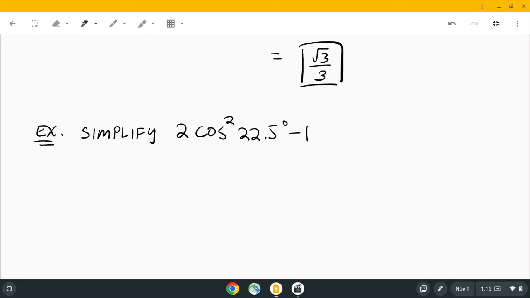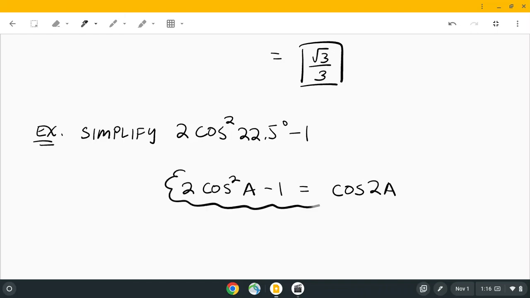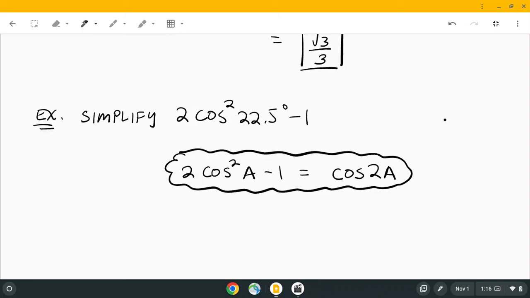This one looks like this structure: 2 cosine squared A minus 1 is equal to cosine 2A. Hopefully you recognize that this here fits this structure.